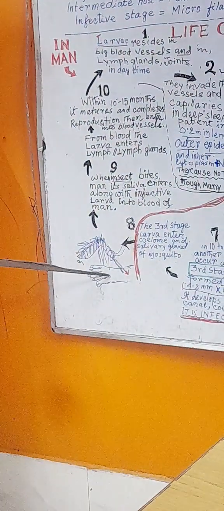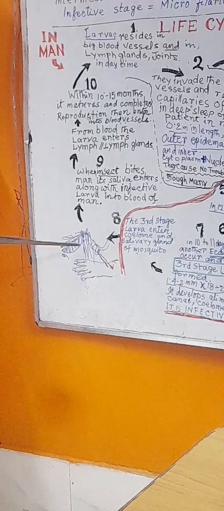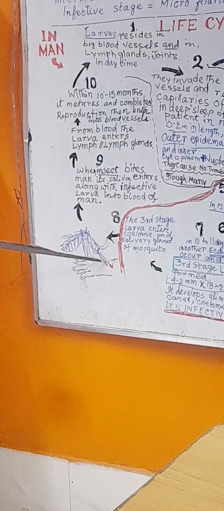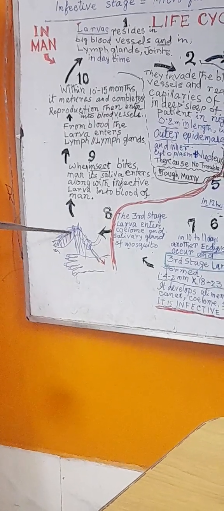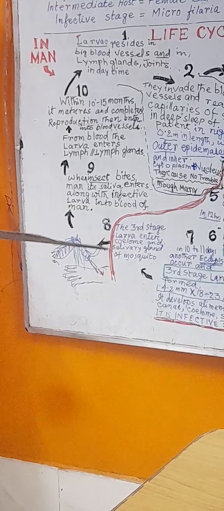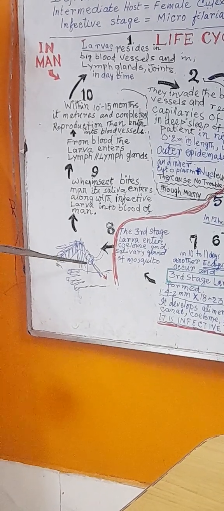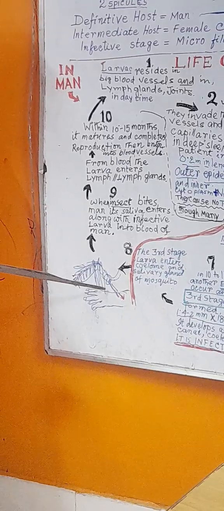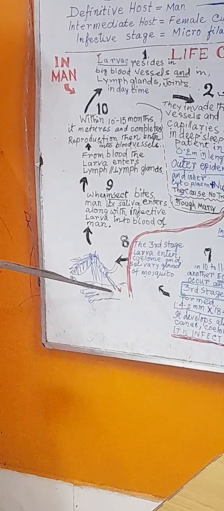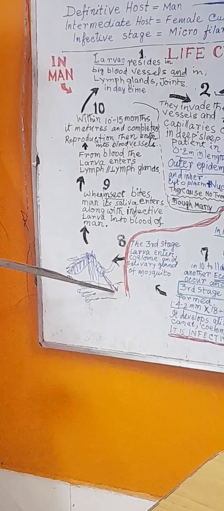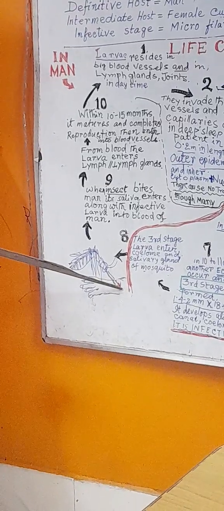When the mosquito with the infective stage larva bites a new man, at the first bite it deposits the larva with saliva into the skin or blood vessels.